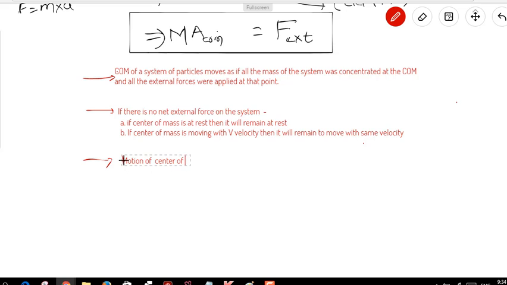Motion of center of mass is not affected by internal forces.